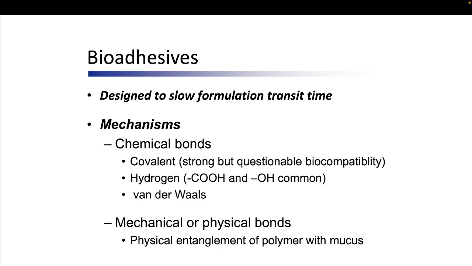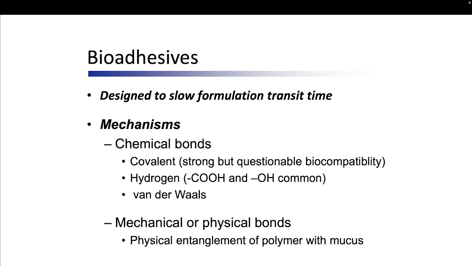So bioadhesives are again a polymer layer over your drug, which you use when you want to slow down the transit time of your formulation. For example, if you've given a drug through the oral route and you want that drug to be retained in the stomach area for a longer time, or in the upper gastrointestinal tract, then what you can do is coat these drug molecules with certain polymers, which will then form a bond with the mucus layer that is present when you give a drug orally.